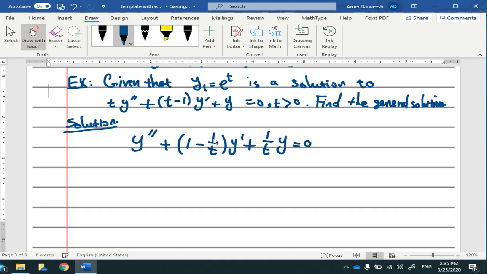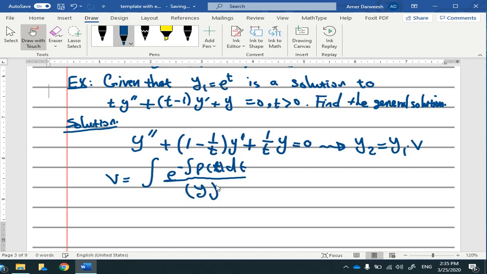Here's p of x, or p of t. So the other linearly independent solution will be y1 times v. So let's compute v, and v by the formula will be the integral of e to the minus integral of p of t dt, I'm using t now, over y1 of t squared.